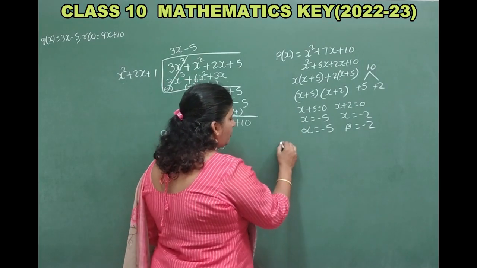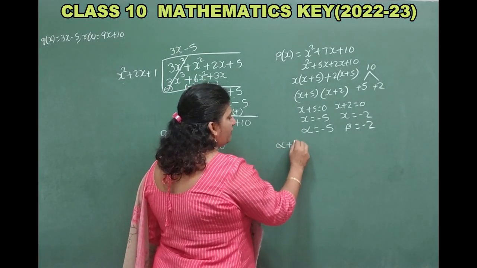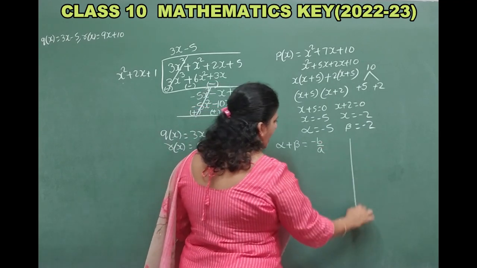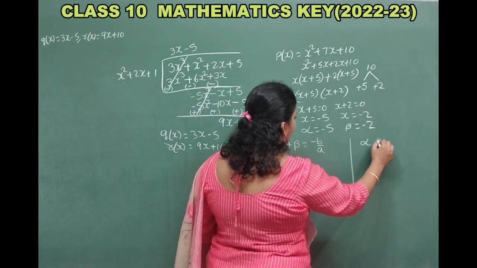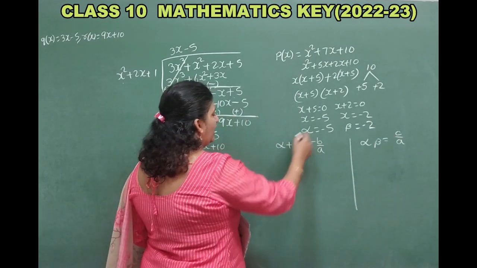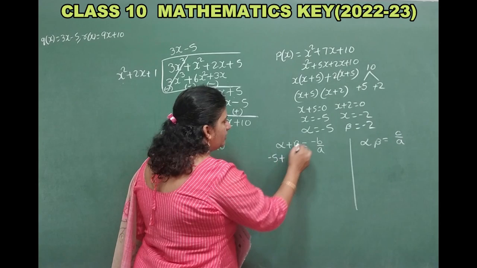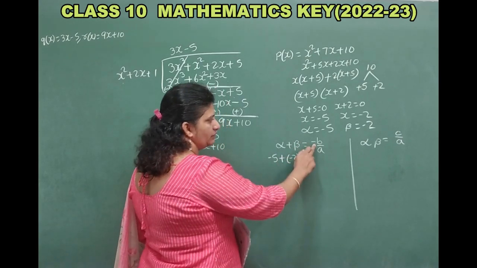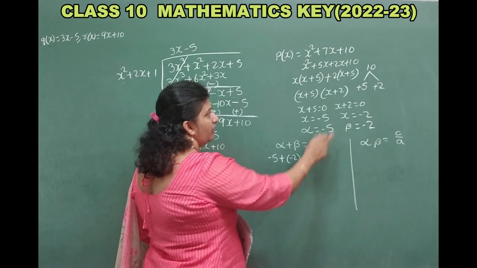So, what is the sum of the zeros? Alpha plus beta is equal to minus b by a. And product of the zeros, alpha beta is equal to c by a. Alpha minus 5 plus beta minus 2 is equal to minus b by a.